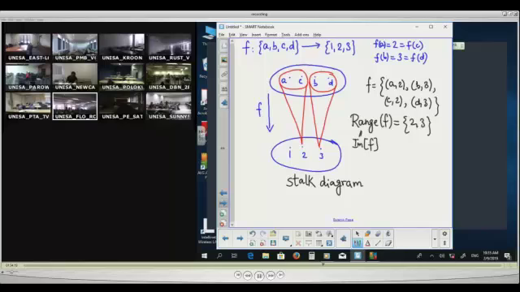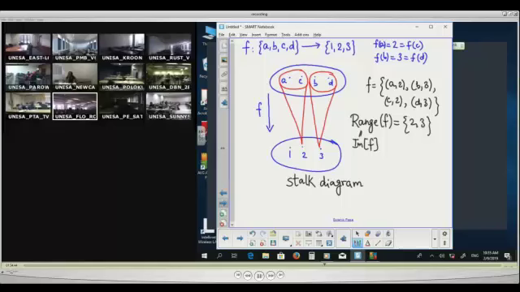So if everything in the codomain has a non-empty stalk, that means the range is equal to the codomain, right? Such functions are called surjective or onto. Please repeat that again, sir. Yes, I will.